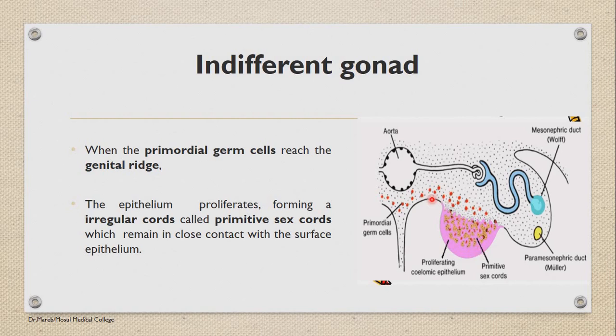Number 2, the primordial germ cells migrate from the lateral wall of yolk sac and they reach the genital ridges. Number 3, there is a proliferation of coelomic epithelium and formation of a primitive sex cord. This primitive sex cord remains in close contact with the surface epithelium.